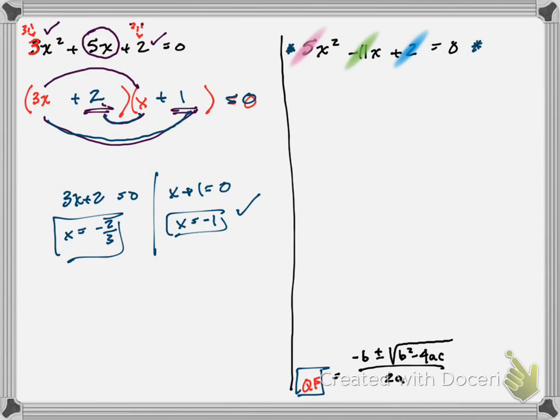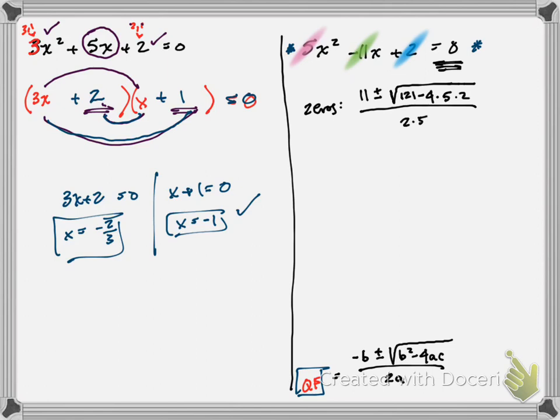And again, we use the quadratic formula to find the zeros, when a quadratic is set equal to 0. So our solutions, our zeros, are -11, so that's 11, plus or minus the square root of b squared, so that's 121, 11 squared, minus 4 times 5 times 2, all over 2 times 5.